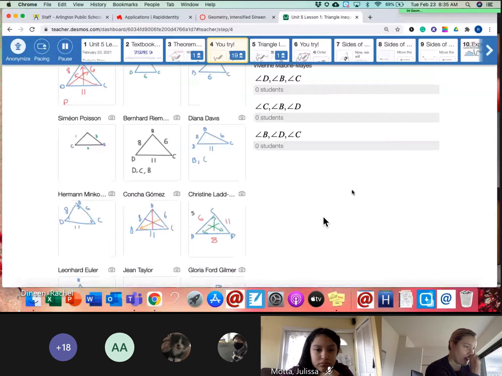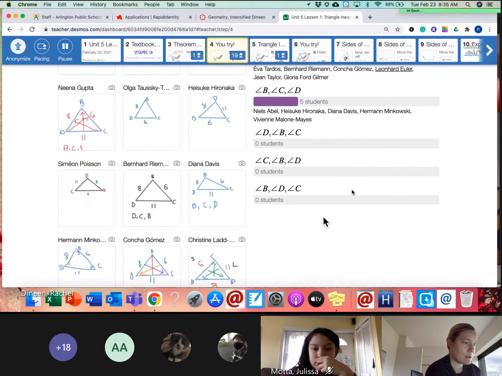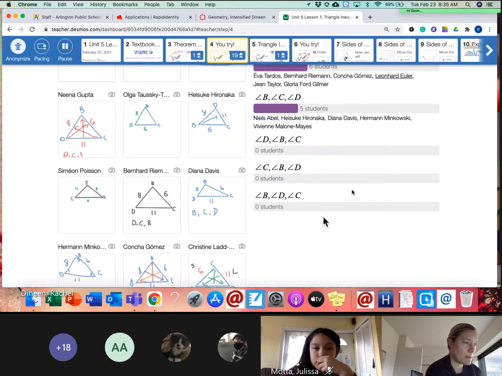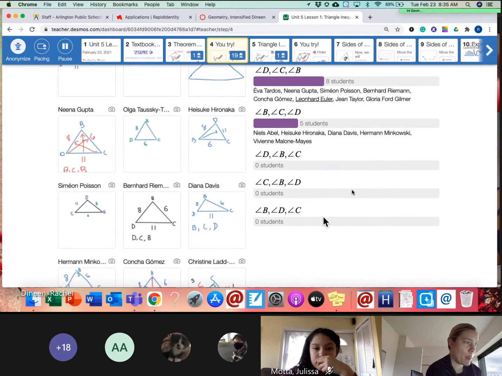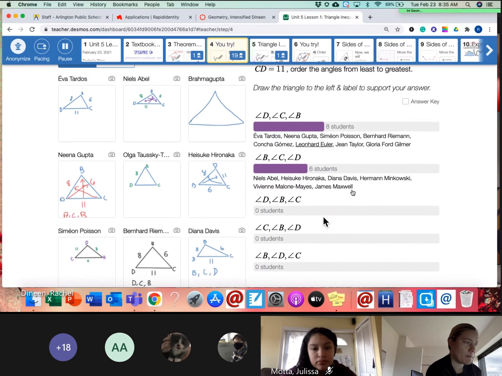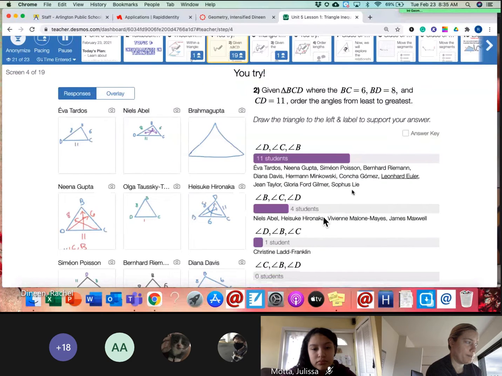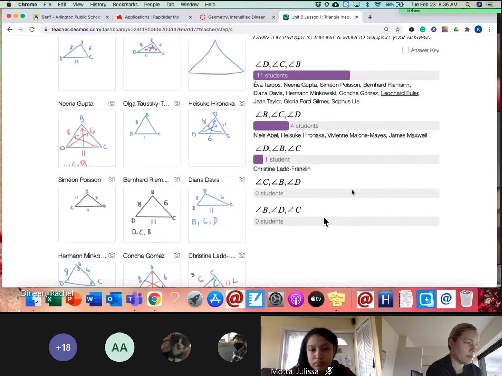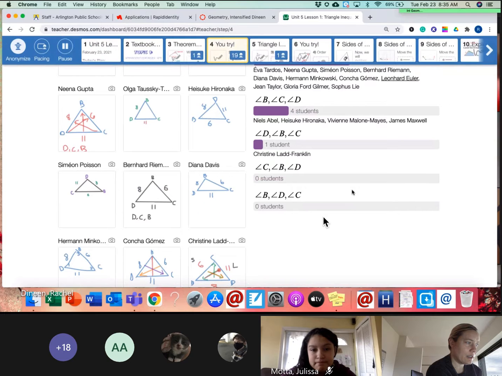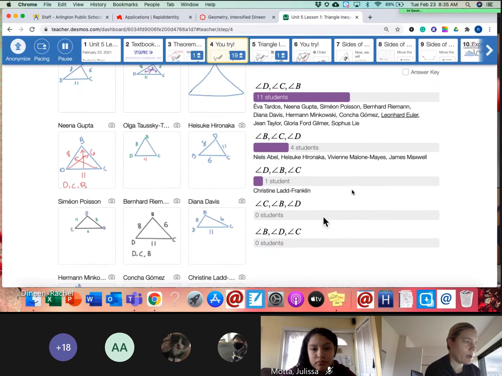I really like the diagrams that are being drawn. All right. 15, 16 of you have responded, so I'll go ahead and throw up the answer.